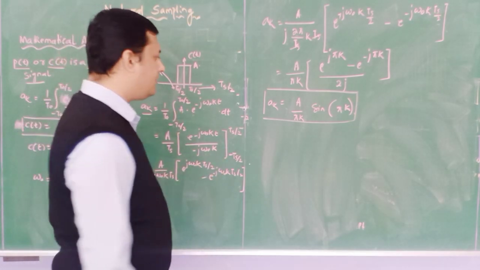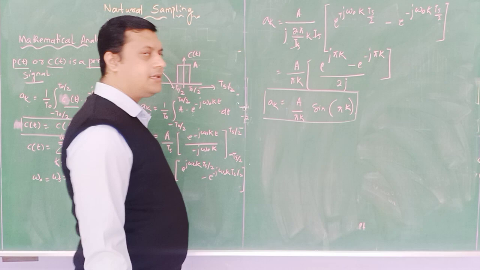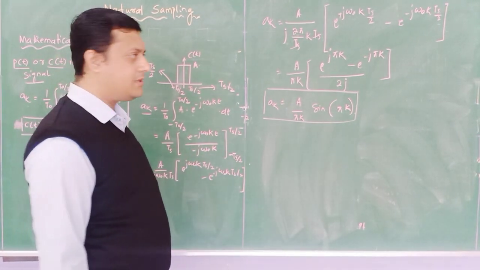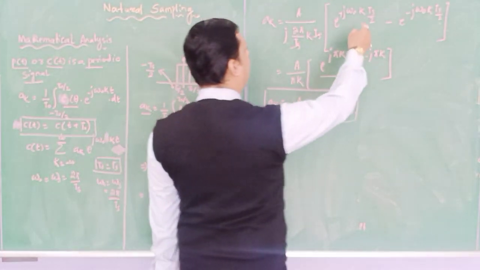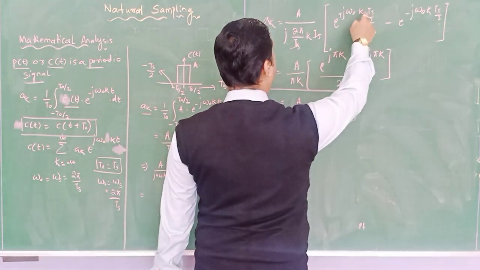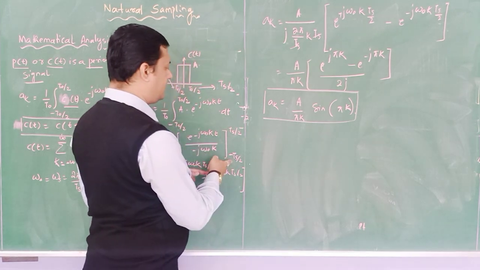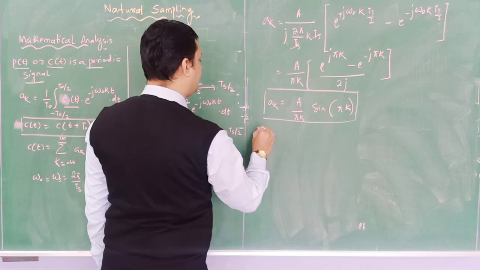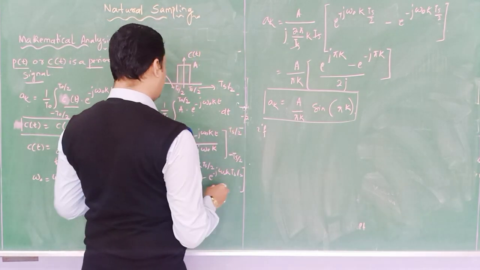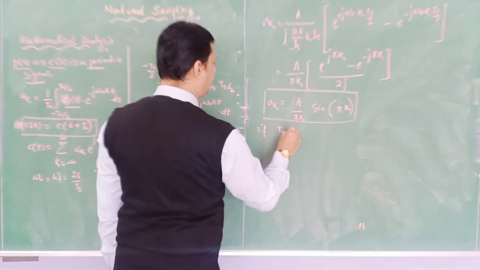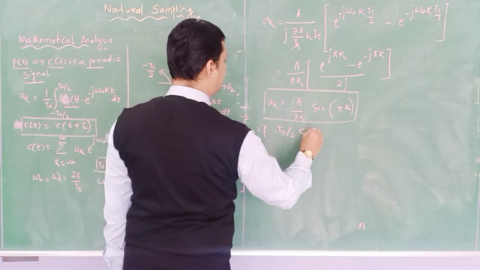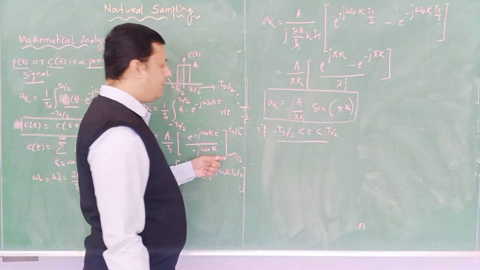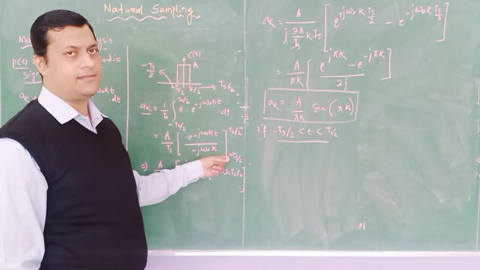For example, if this limit is not exactly Ts, if it is only T, so in this case, in place of this value, it is minus T by T if the time period is there, if the limitation is minus Ts by 2 less than t less than Ts by 2. Okay, here we have considered that the time period is minus Ts by 2.